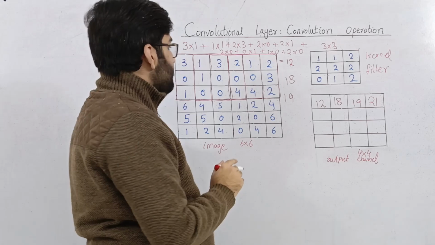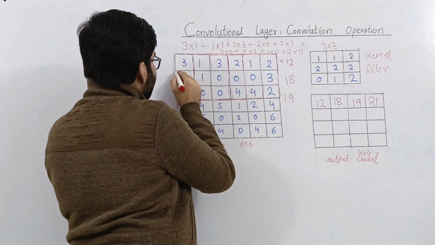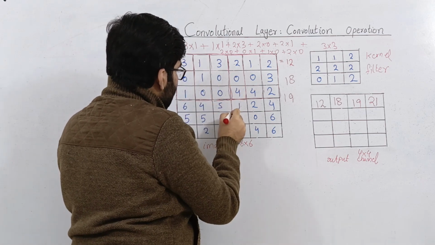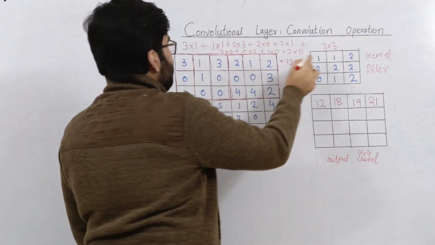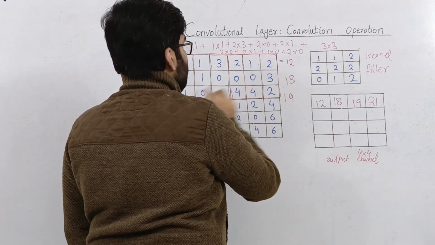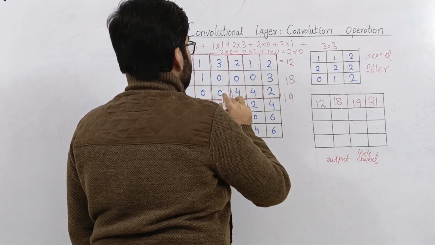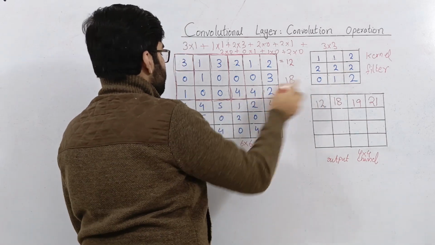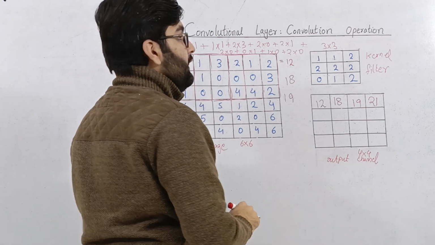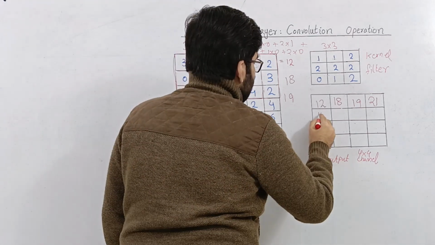The next step is to start from the second row, like this, and multiply 0 by 1, 1 by 1, 0 by 2, 1 by 2, 0 by 2, 0 by 2, 6 by 0, 4 by 1, 5 by 2, and add up the values. Now we will get a 17.